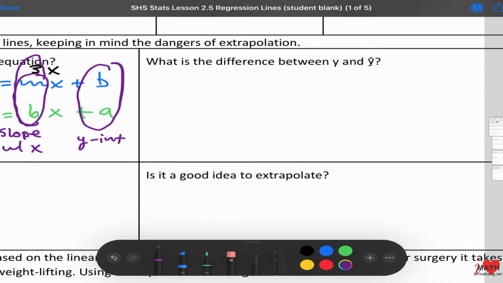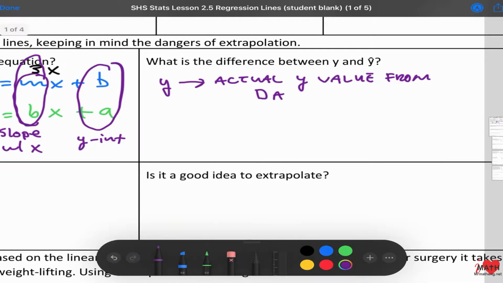What is the difference between y and y hat? Well, y is the actual y value from the data given, and I'm going to highlight that it is the actual.